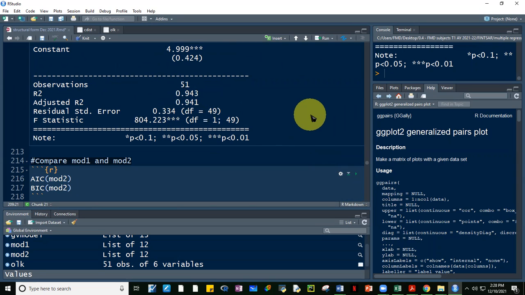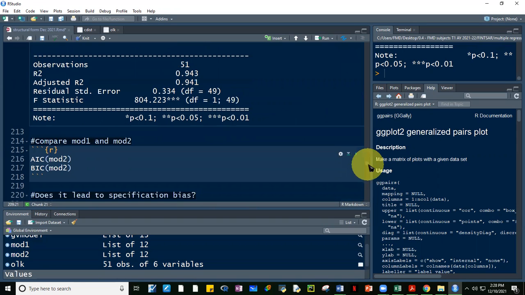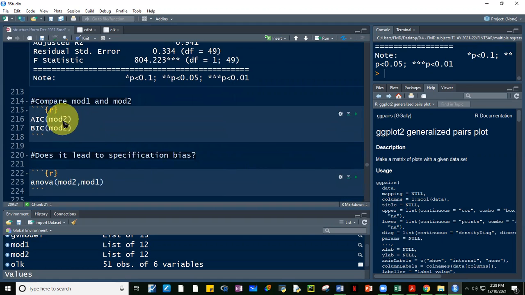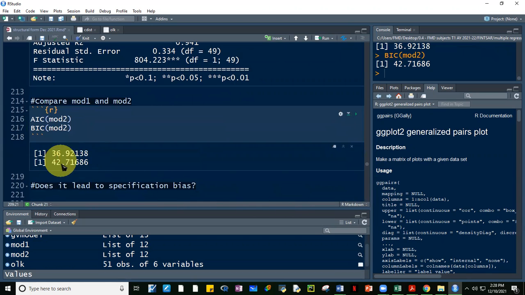It's 0.94, earlier it was 0.98 or 0.99. So it decreased. That's expected because we reduced our regressors. And then let's see the AIC and BIC.